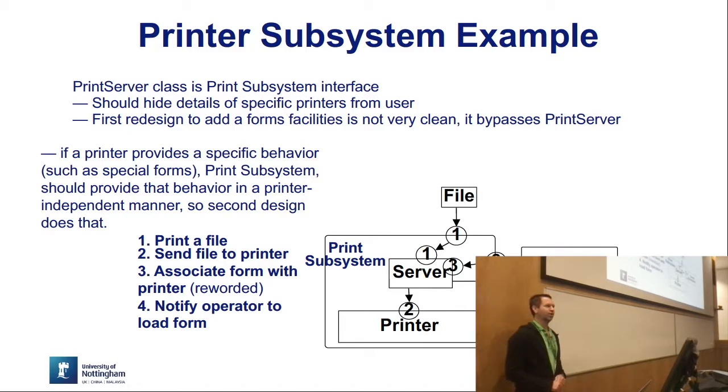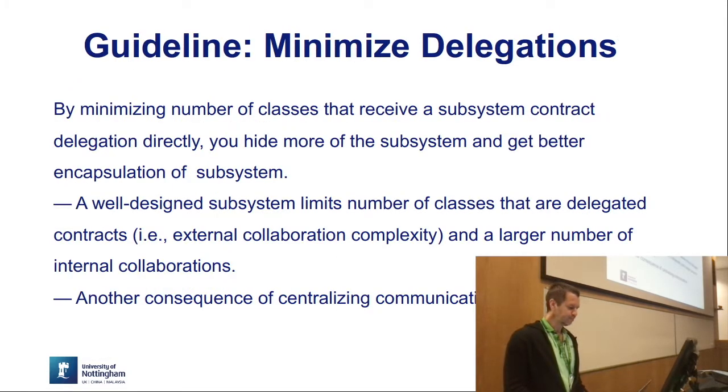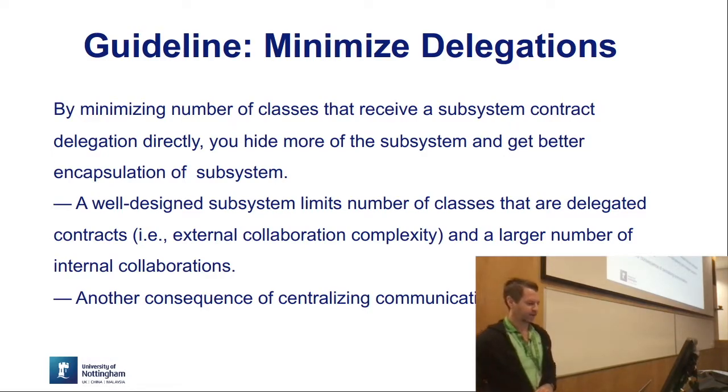If you come in one day and there are new printers, it shouldn't cause a big problem, right? By minimizing the number of classes that receive a subsystem contract delegation directly, you hide more of the subsystem and get better encapsulation.